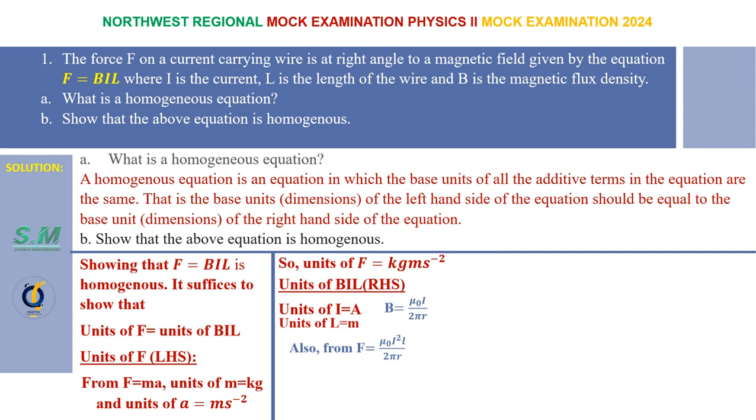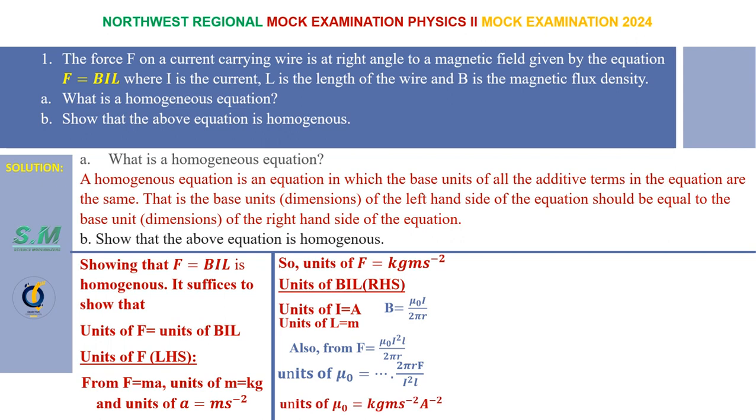I use I squared assuming that the current flowing through both conductors has the same intensity. But if you use F = mu naught I1 I2 L, all of that divided by 2 pi r, there is no problem, since the amperes will simplify and will still become ampere squared. And so from here, making mu naught the subject of the formula, we get mu naught = 2 pi r F divided by I squared L.